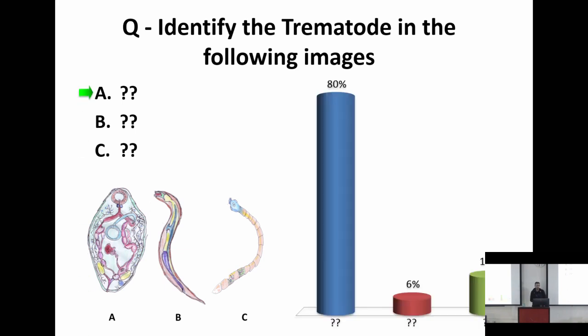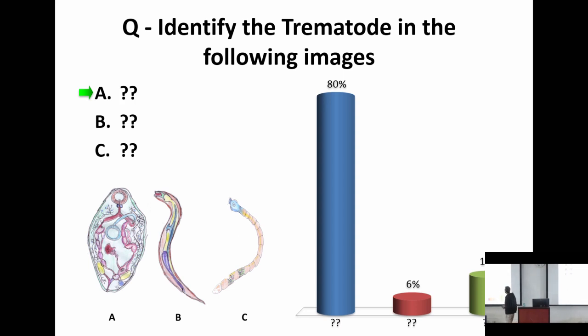Okay, so this A1 is a trematode, B we already know is the nematode, and the cestode will be the next one.